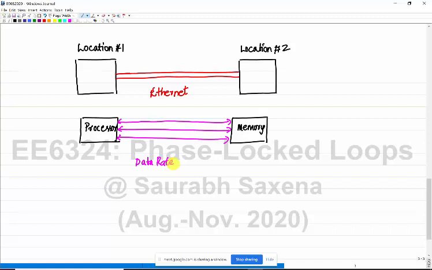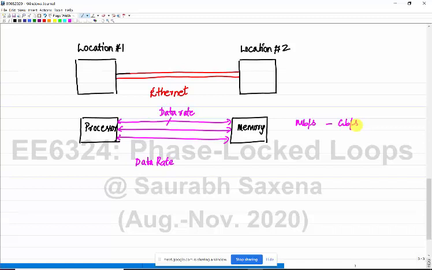Here the data rate keeps on increasing with every new standard. And what is the data rate? The data rate is the rate at which you are communicating between the processor and the memory. And this data rate can range from Mbps to multi-gigabits per second.